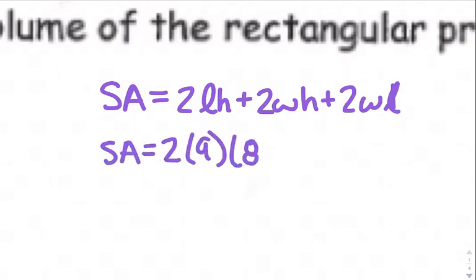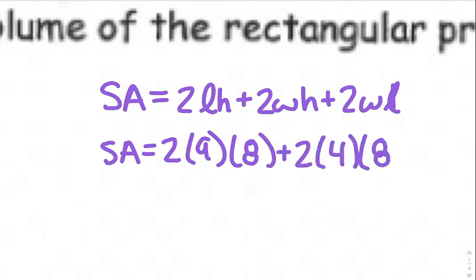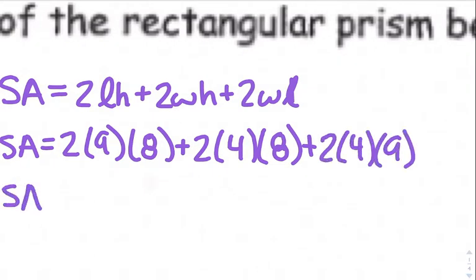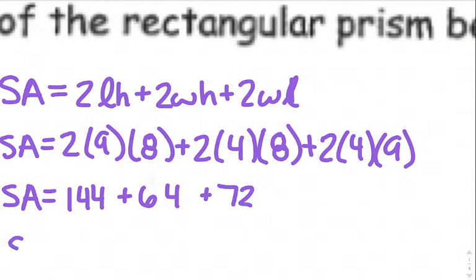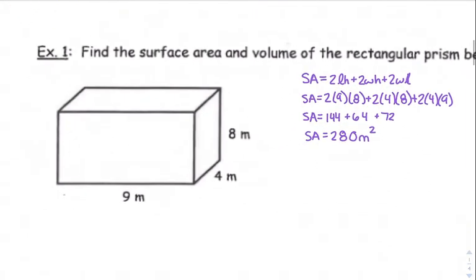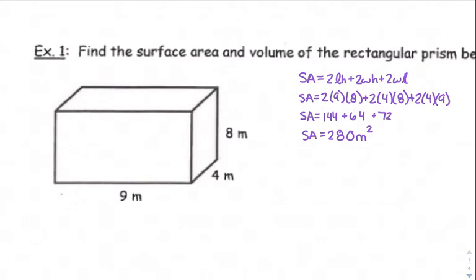Remember, you have to use that surface area formula that we learned yesterday. Your surface area of this rectangular prism is 280 meters squared.